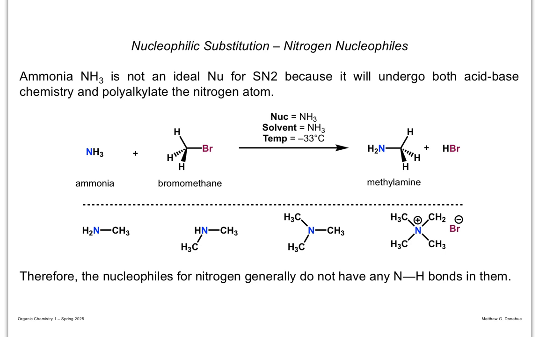Nitrogen nucleophiles. Ammonia, in theory, you can use it, but it gives you a lot of products. And really the reason it's not a good nucleophile is it has those acidic hydrogens. What happens in the SN2 reaction with ammonia?